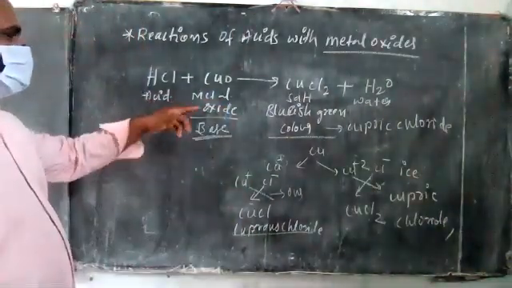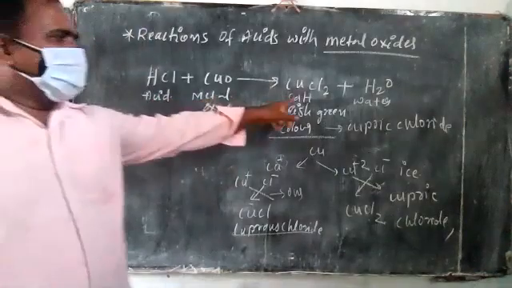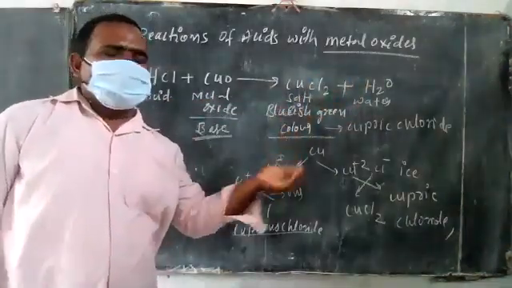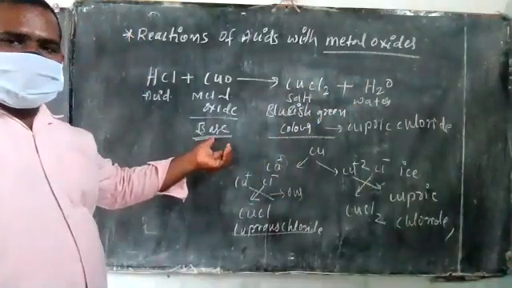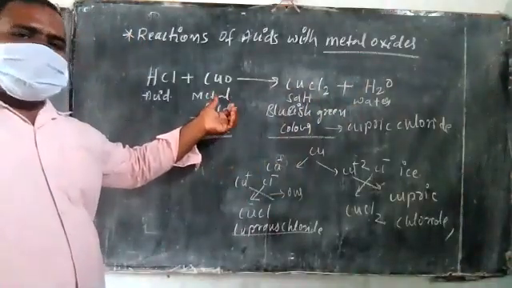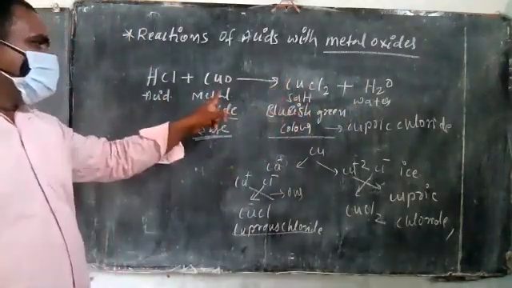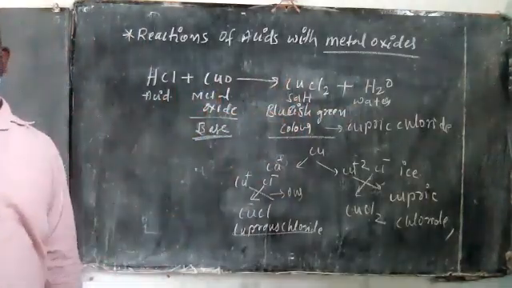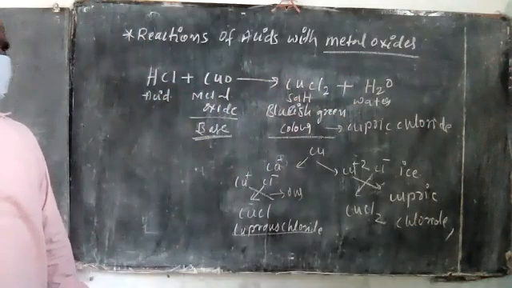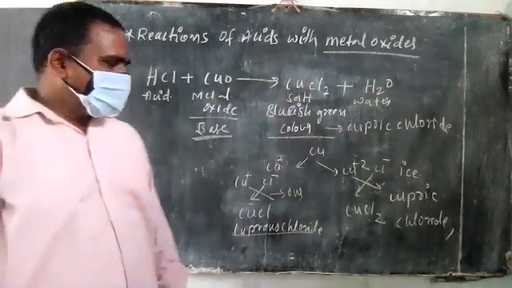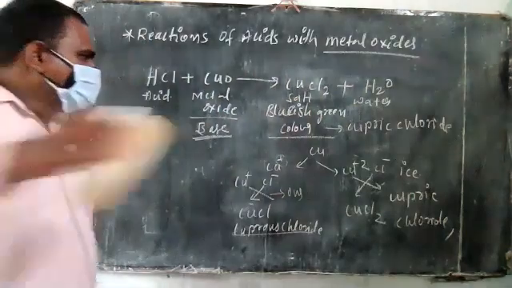So an acid reacts with the metal oxide to give salt and water. Instead of the base, you take the metal oxide. Salt and water forming means the metal oxide acts as basic in nature. Write down: the metal oxides act as basic in nature.